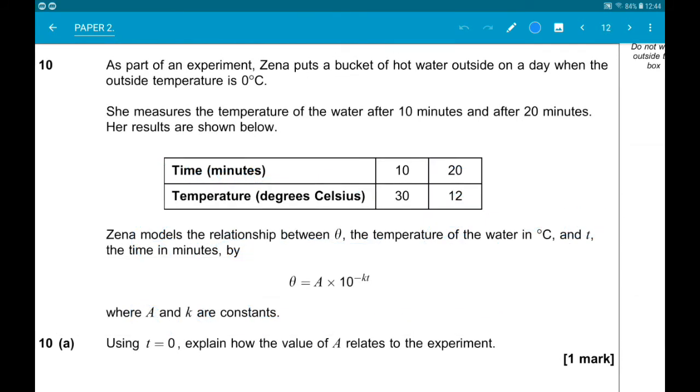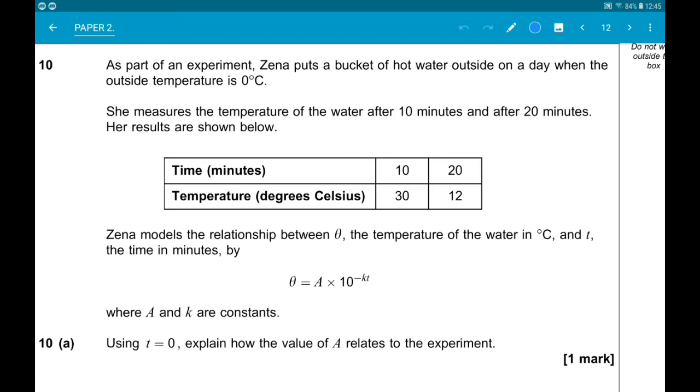Number 10. As part of an experiment, Zena puts a bucket of hot water outside on a day where the temperature outside is 0 degrees Celsius. She measures the temperature of the water after 10 minutes and after 20 minutes. Her results are in the table.